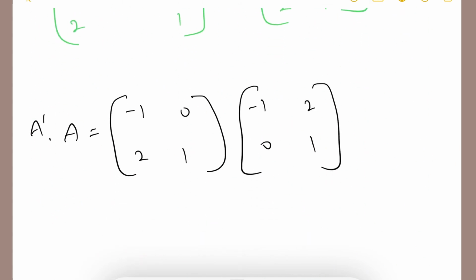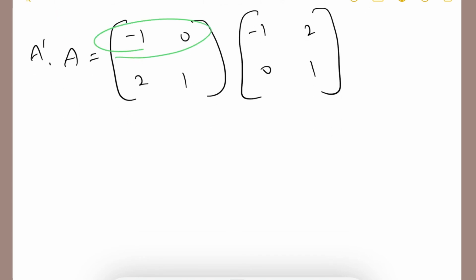Okay, let us find this value also now. Same again, first row multiply with the first column, -1 into -1 plus 0 into 0. Next, first row multiply with the second column, that it will become -1 into 2 plus 0 into 1.